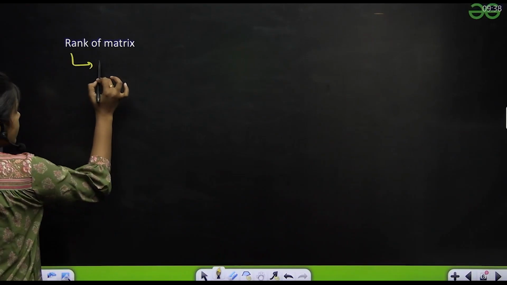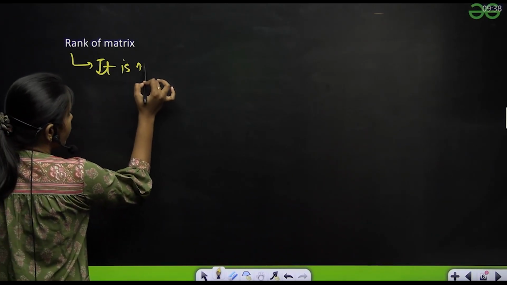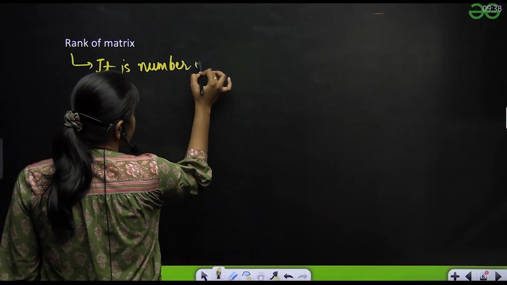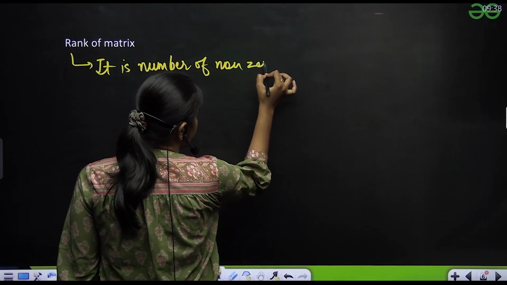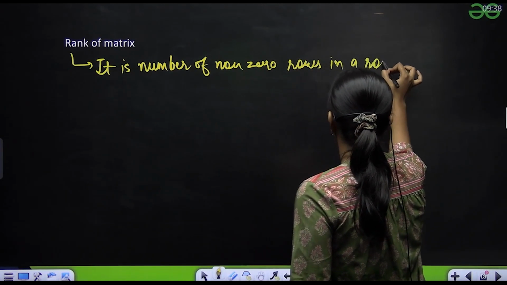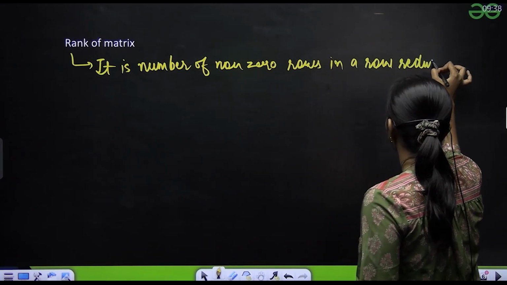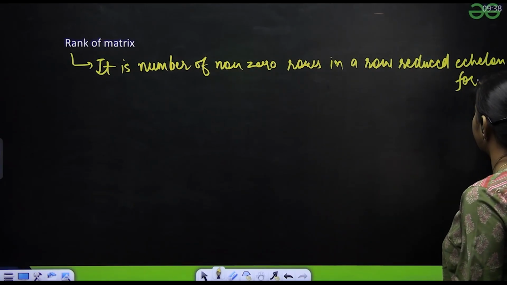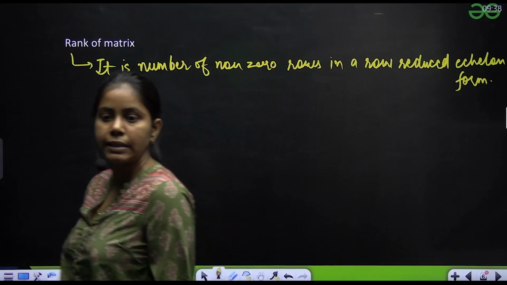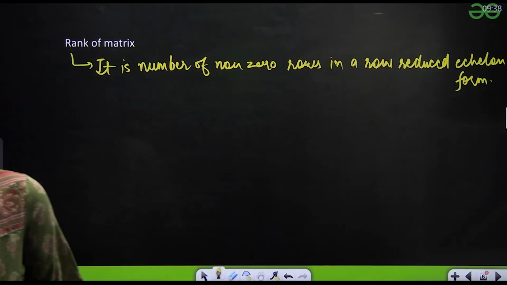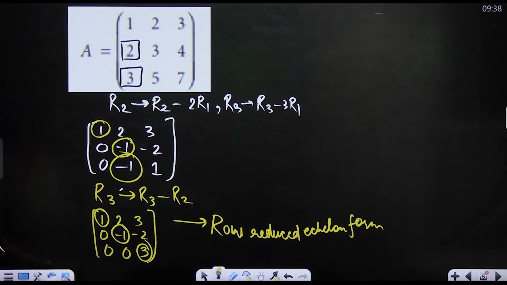The rank of a matrix is the number of non-zero rows in a row reduced echelon form. So if we have a 0 row, we'll remove that, otherwise that would become the rank of the matrix. The rank of a matrix is a number.